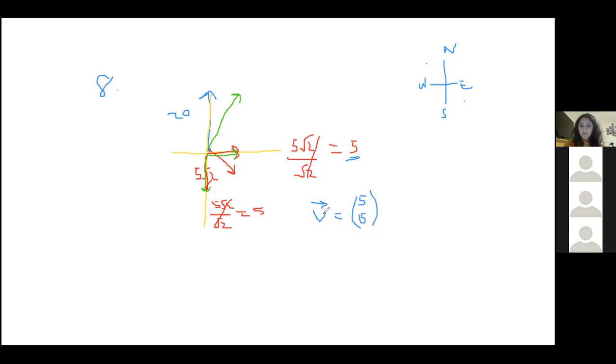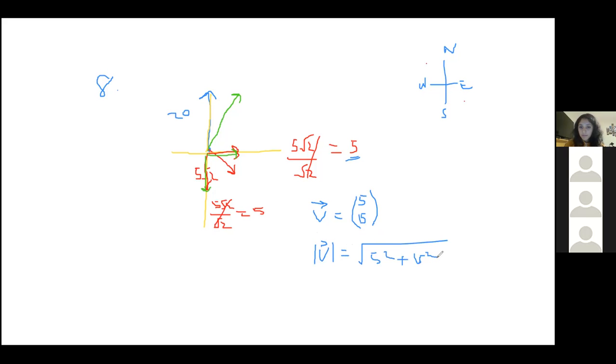But yeah, to find the magnitude of this vector, those two little lines just mean we're trying to find the magnitude, and we do that simply by taking the square root of the x component squared plus the y component squared.